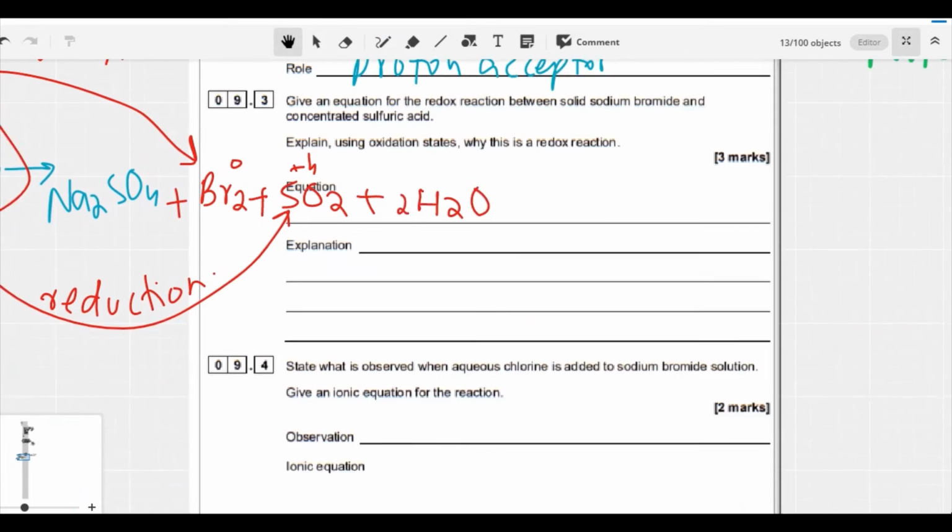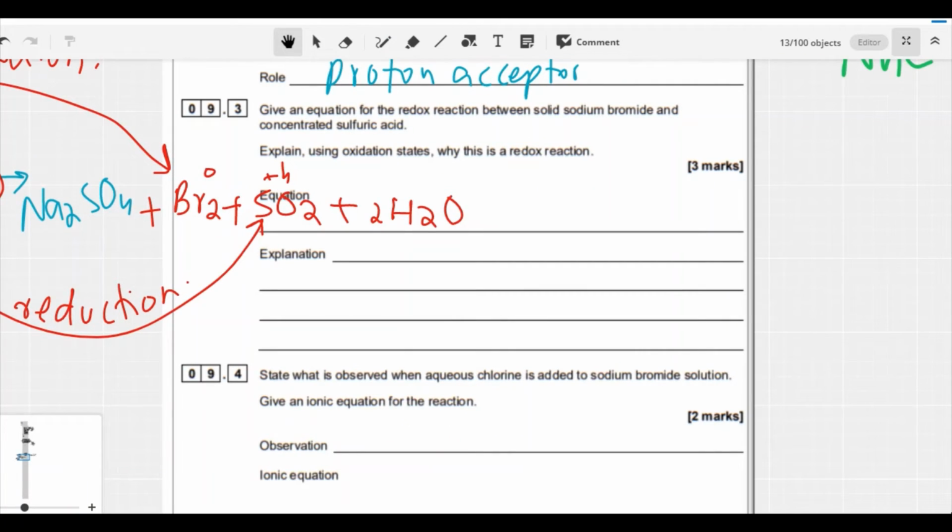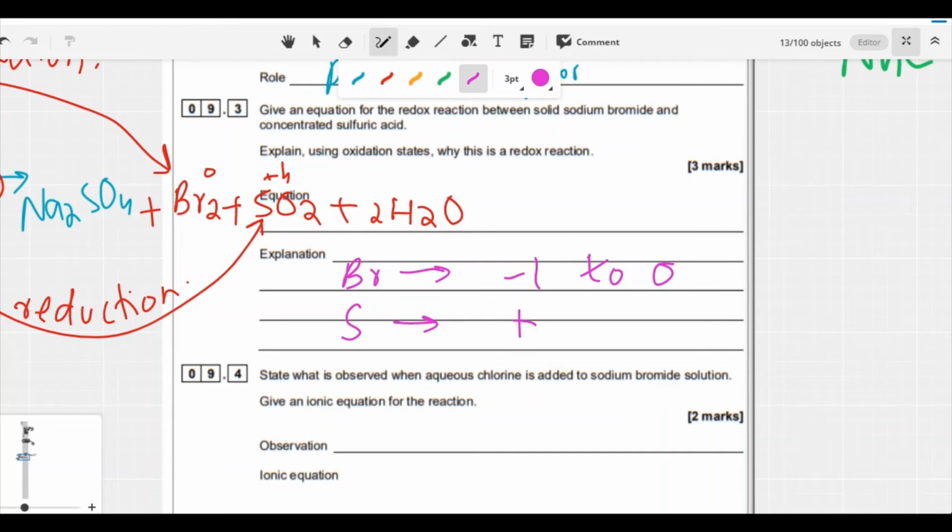So you can write the explanation of why this is a redox reaction: bromine changes from -1 to 0, while the sulfur changes from +6 to +4. So here is oxidation, and here is reduction.